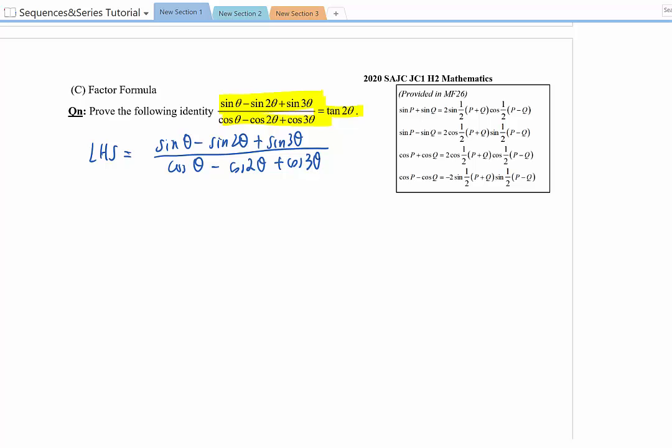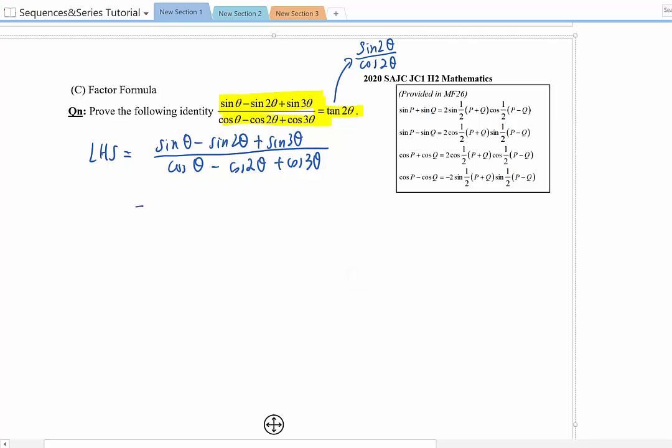Well, we notice that the numerator consists of many sines and the denominator consists of cosines. We also know that tangent 2 theta can simply be written as sine 2 theta over cos 2 theta, meaning we want to keep sine 2 theta and cos 2 theta.